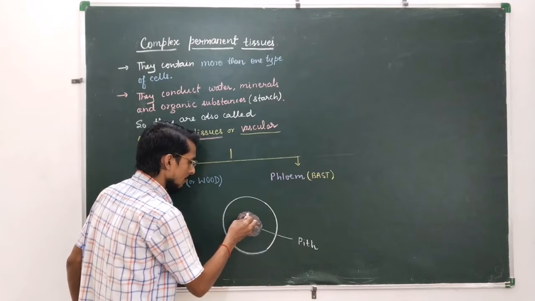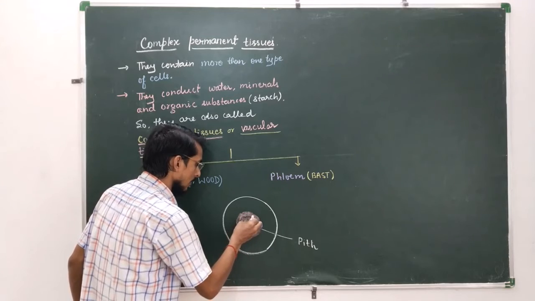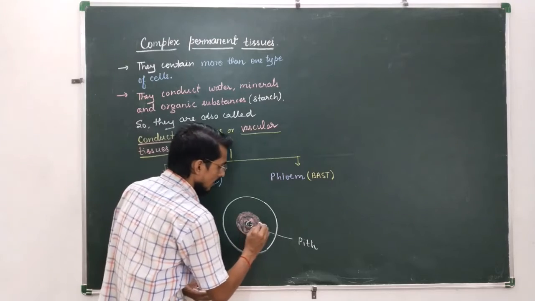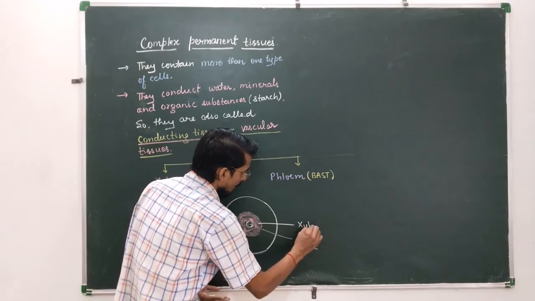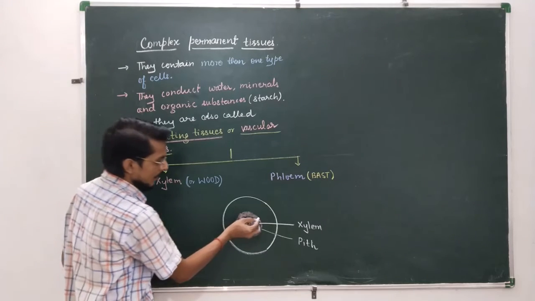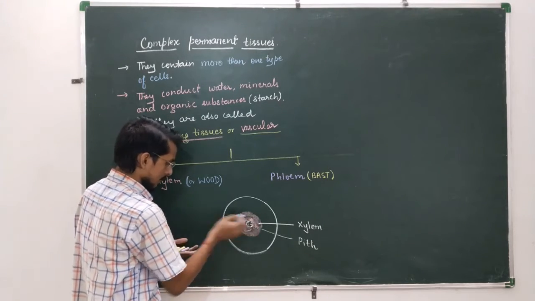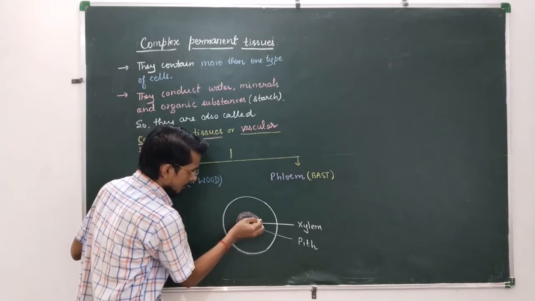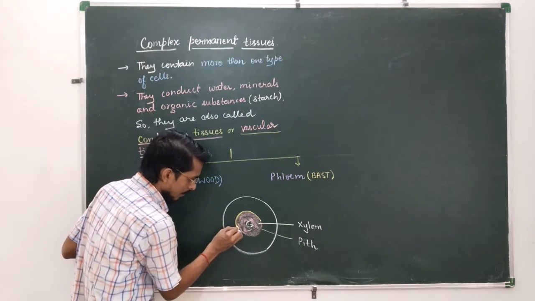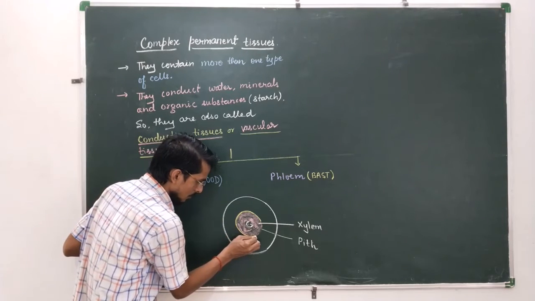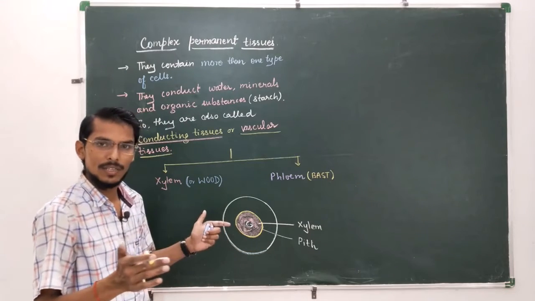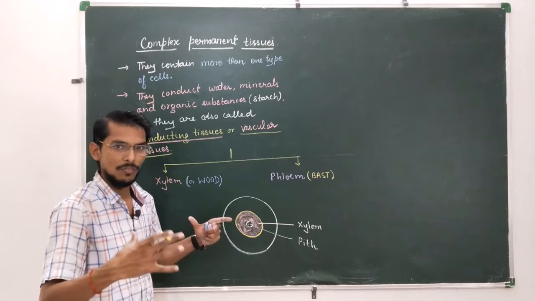This consists of mainly dead cells, and therefore this part is quite hard. This is called xylem. Okay. After xylem, you have vascular cambium. I have already told you about vascular cambium. This is meristematic tissue which helps in the increase in the diameter of the stem, or we can say width of the stem.